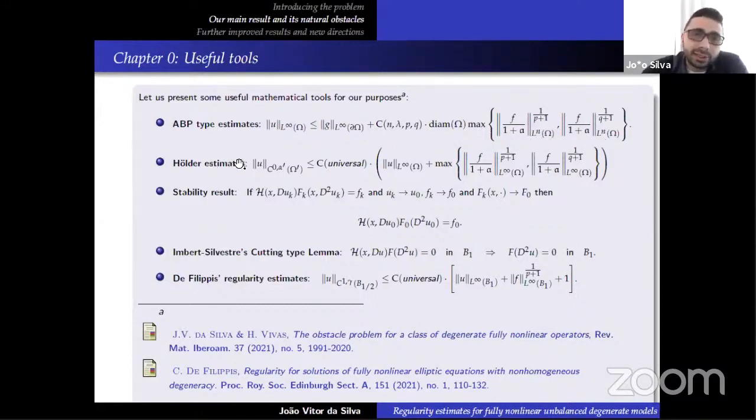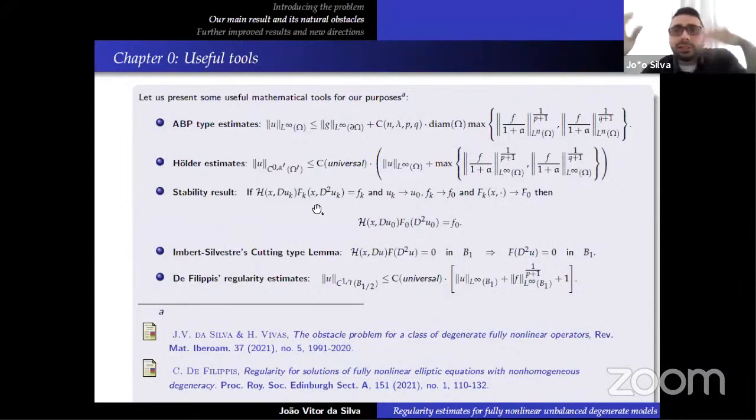Hölder estimates: the C^{0,α'} norm is under control in terms of the L^∞ norm of the solution in this term, where appears the influence of the right-hand side, the influence of the modulating function, and the influence of the exponents p and q, of course.